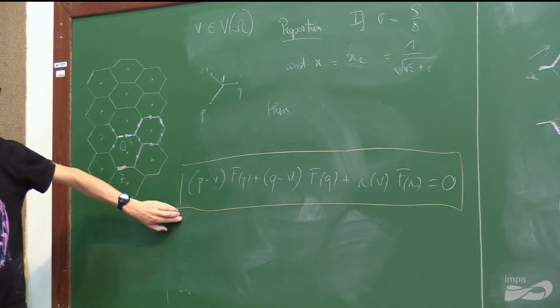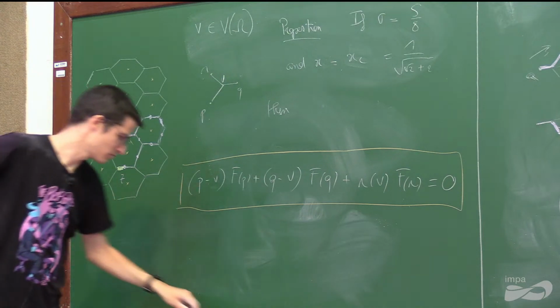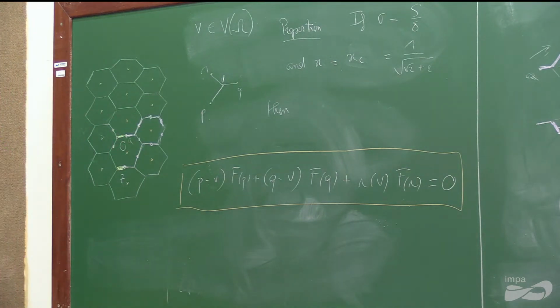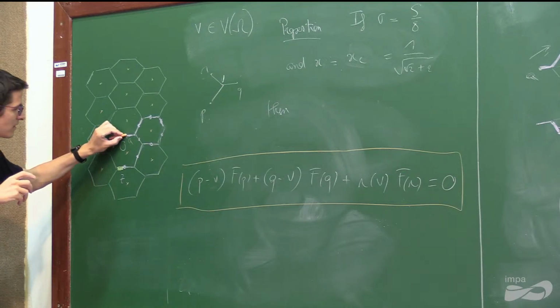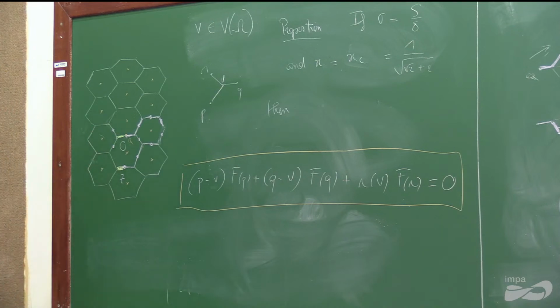Why is this in any way related to holomorphicity, so discrete holomorphicity? If you want, these mid-edges are in correspondence with dual edges of your graph, because they are the midpoints of the dual edges.